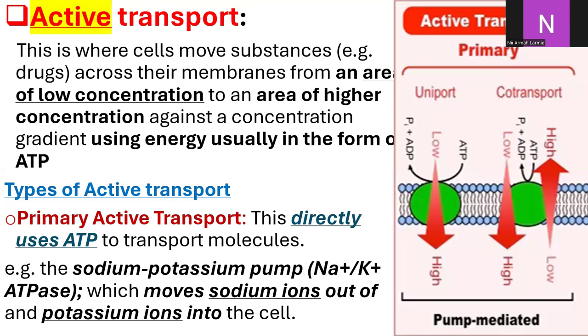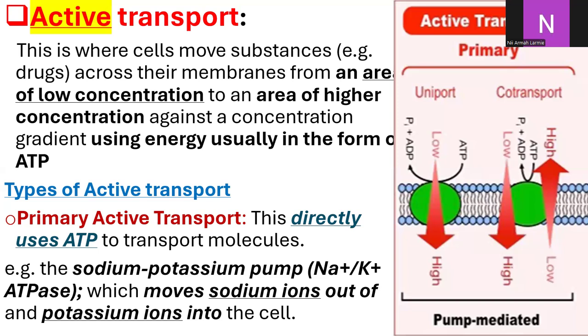Like our simple or passive transportation, there are also types of active transportation. So let's look at the types of active transportation. The first type is primary active transportation. It is primary because in this case, we are using the energy directly.